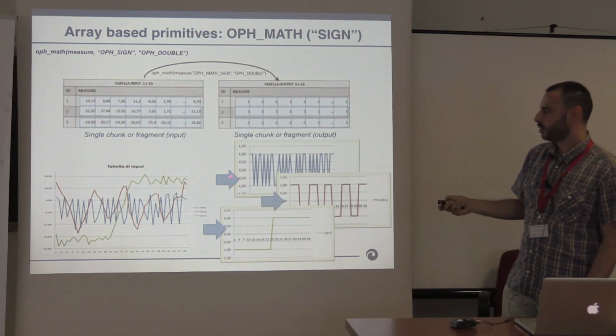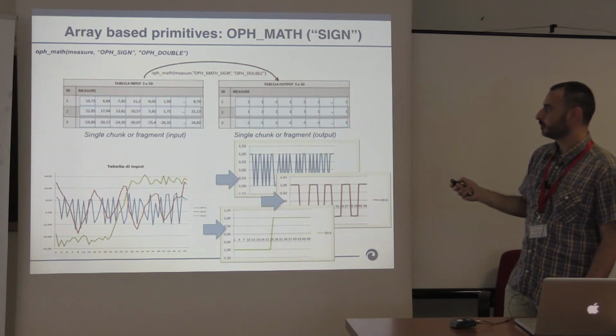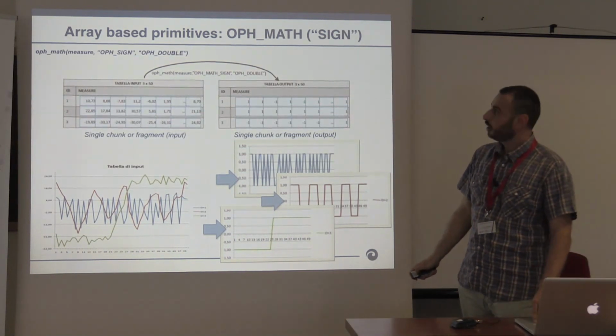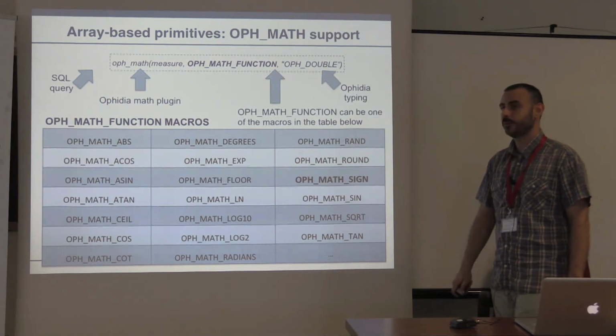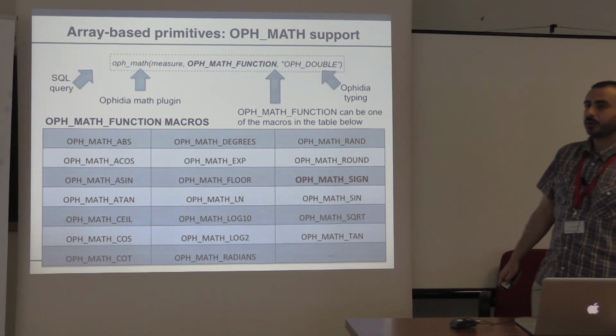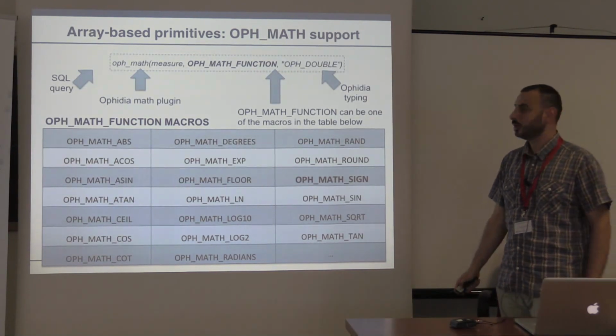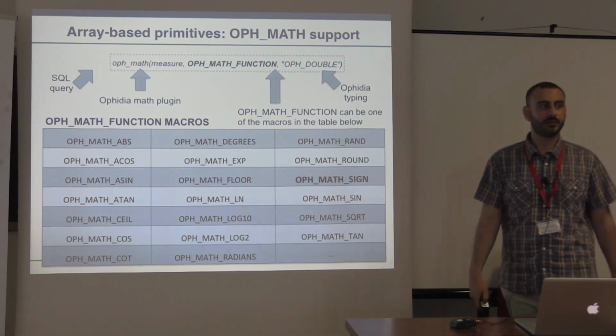This shows the same example in terms of graphs. So this is the input, and here is the output, one for each array. Concerning the OPH map primitive, we developed many macros, many functions, and this is the list of the functions we developed.